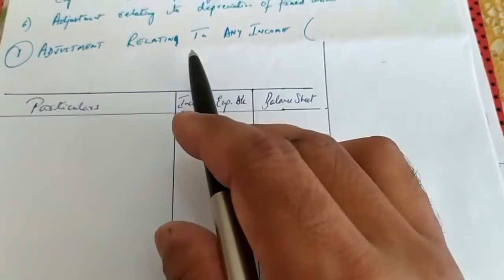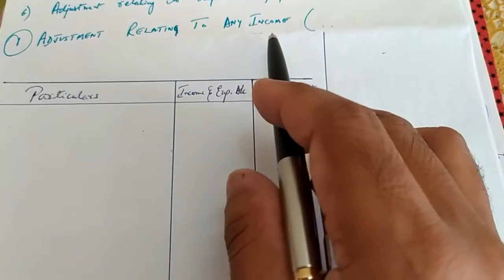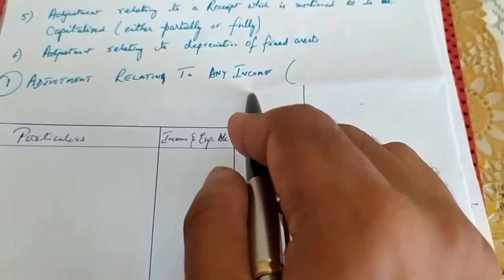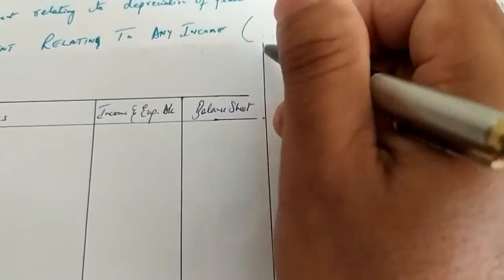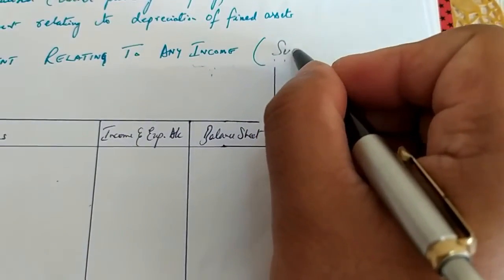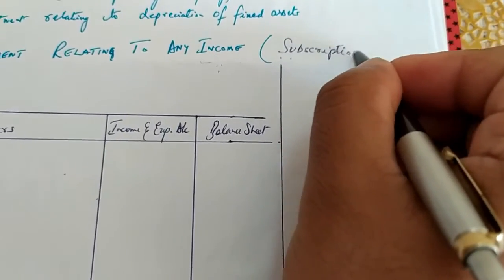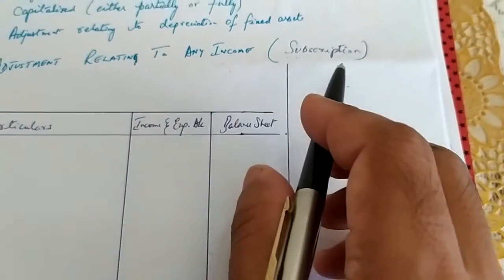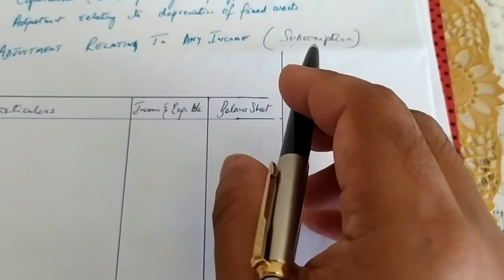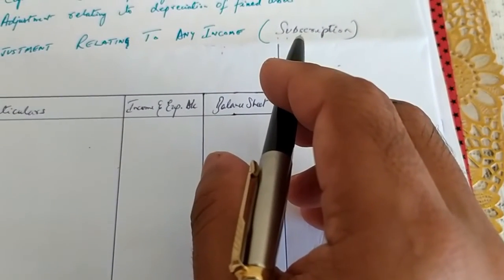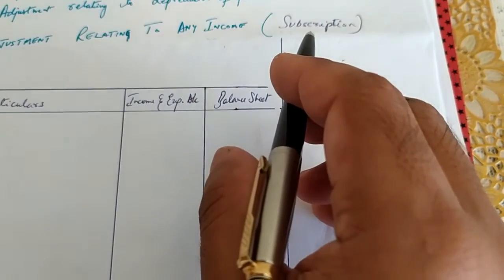Arrears. So for a non-profit organization, a major form of income is subscription. So this adjustment is mainly for subscription. Apart from subscription, you can use it for other sources of income for a non-profit organization, like locker rent also.